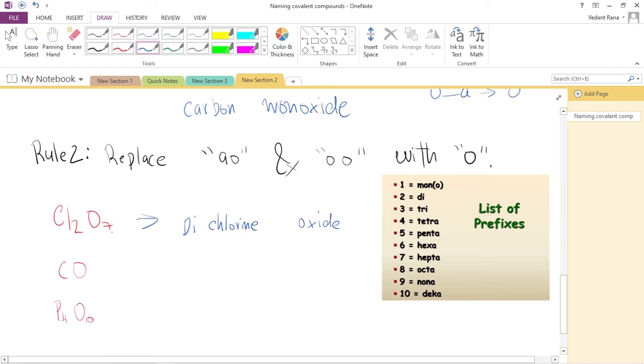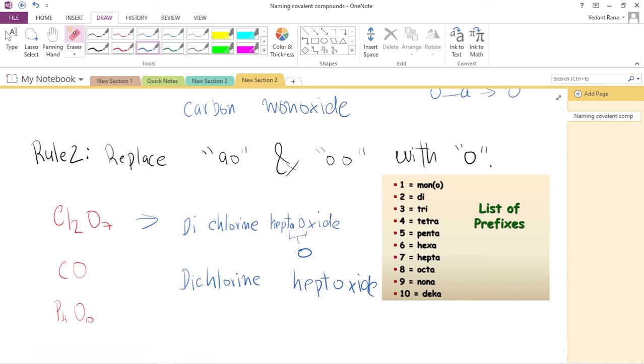We have 7 oxygen atoms, so we use the prefix hepta. Now we have A and O together here, and we replace this by O according to this rule. So the name of this compound becomes dichlorine heptoxide, and then we just write oxide. We replace the A and O with a single O.